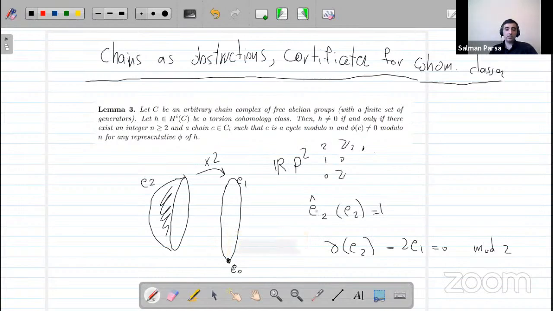And the cocycle which assigns 1 to this cell assigns a non-zero number to e1, which is a mod 2 cycle. And therefore this shows that this is not 0 modulo 2.